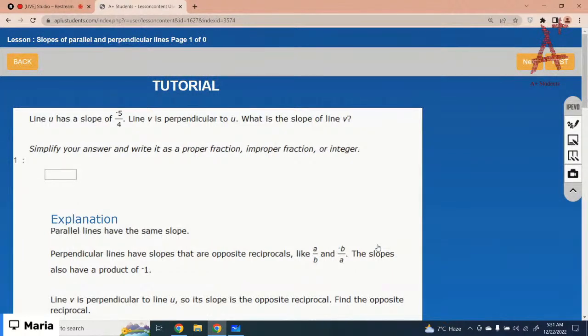Okay, line U has a slope of negative 5 by 4. Line V is perpendicular to line U. What is the slope of line V?